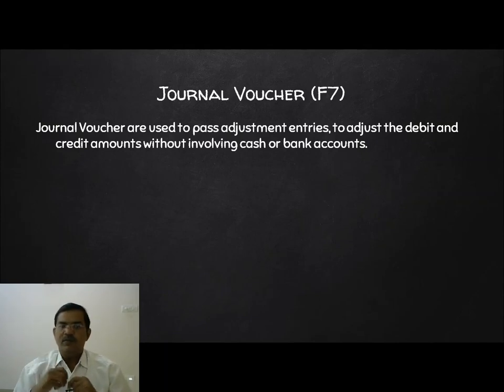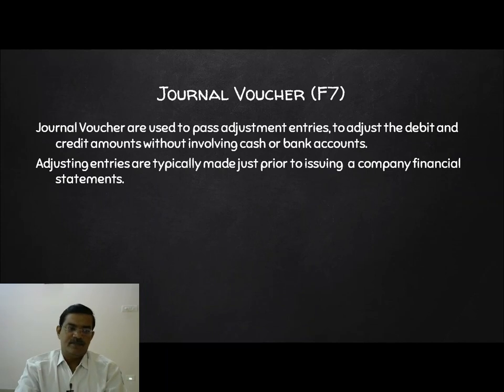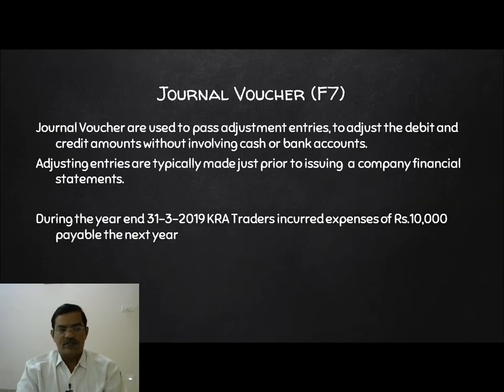So general vouchers are used to pass adjustment entries to adjust debit and credit amounts without involving any cash or bank accounts. In most cases we are using them for creating provisions. Adjusting entries are typically made just prior to issuing a company's financial statements.